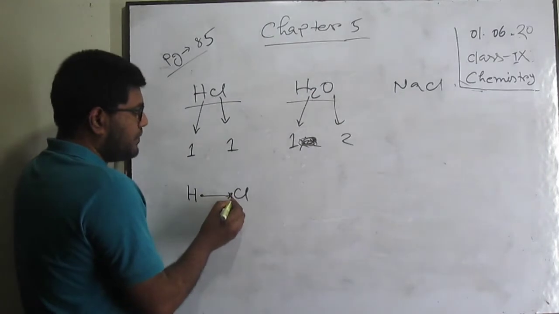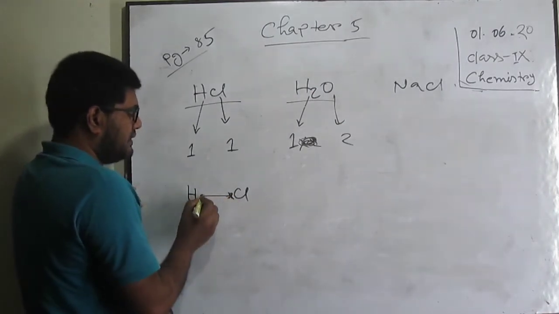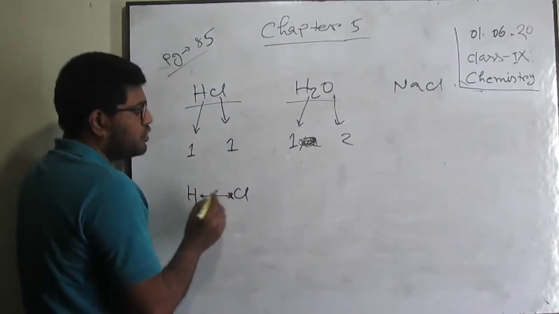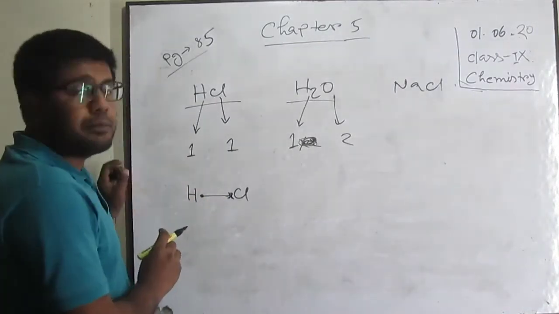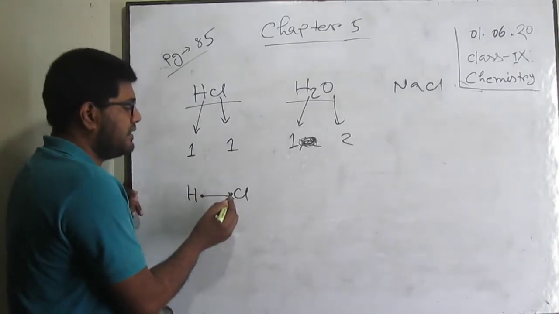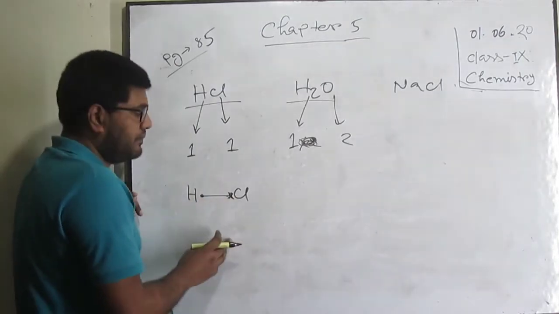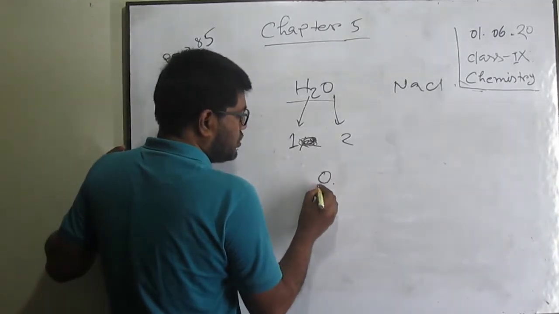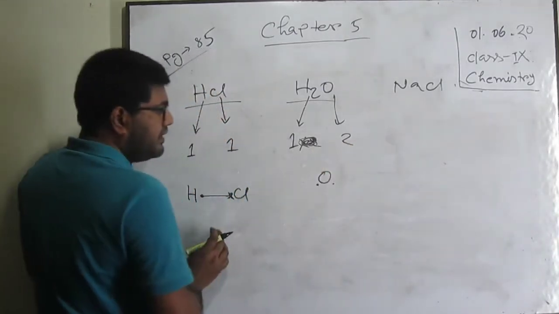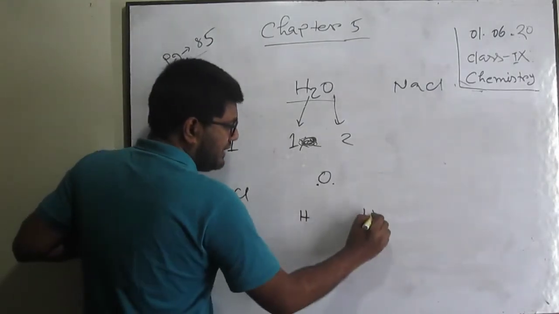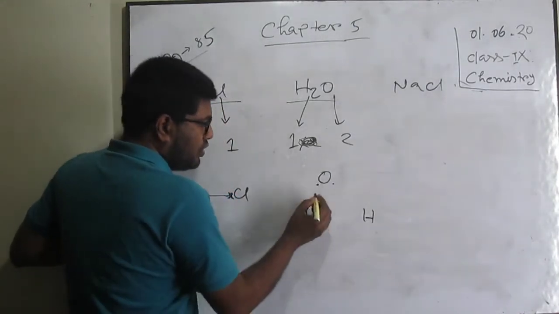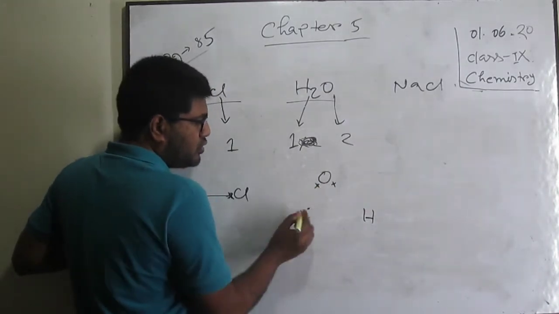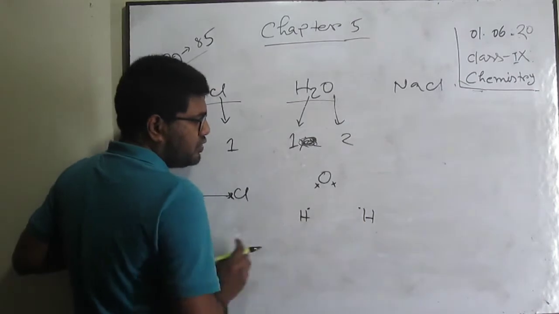To show the electrons of individual elements, I write dot and cross, but the electronic property of these electrons is the same. For oxygen there are 2 valence electrons here, and I wrote one hydrogen with a dot and another hydrogen with a dot.